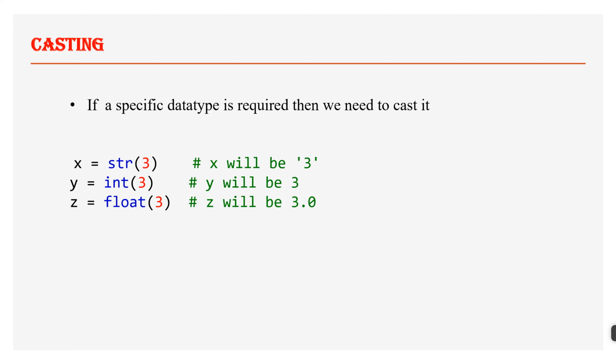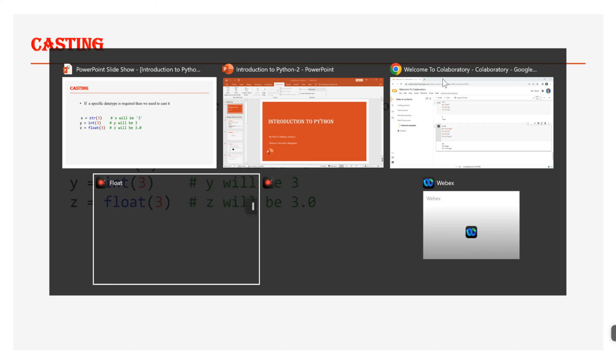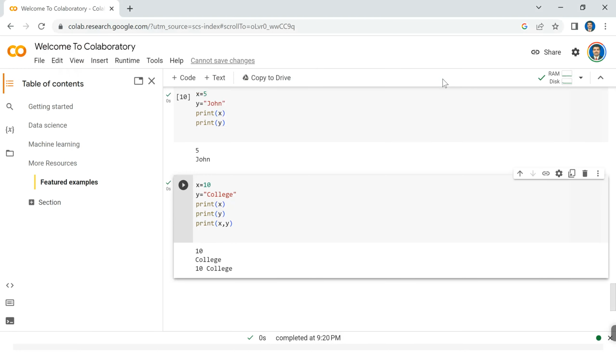Instead, X is a string variable, or a character. Anyway, y is equal to int of 3, it's integer only. Coming to z, z is float of 3. Now z becomes 3.0.